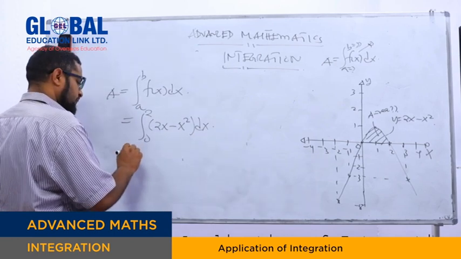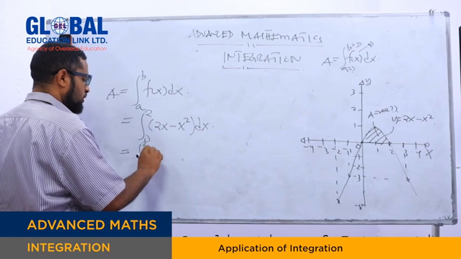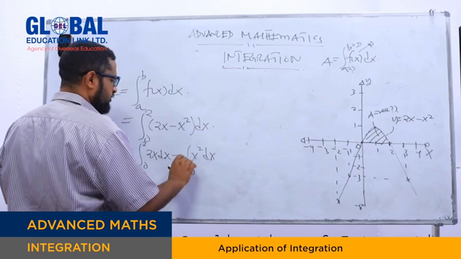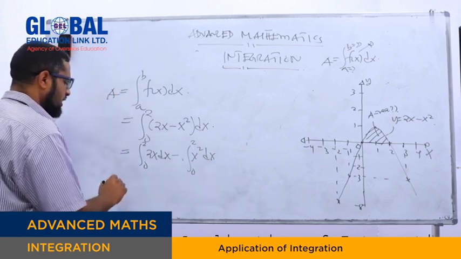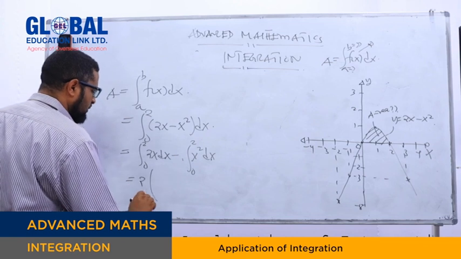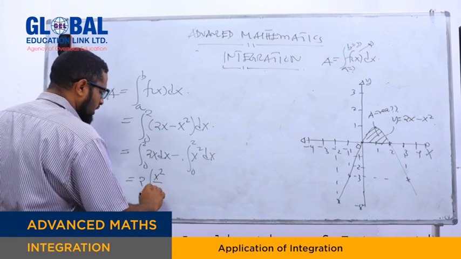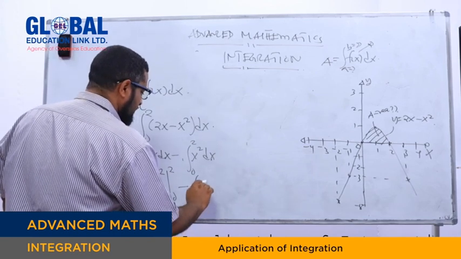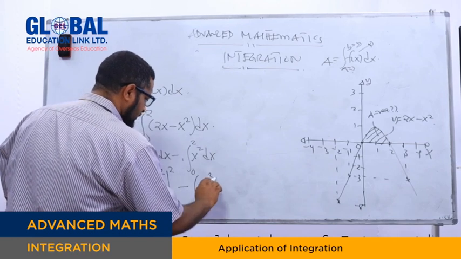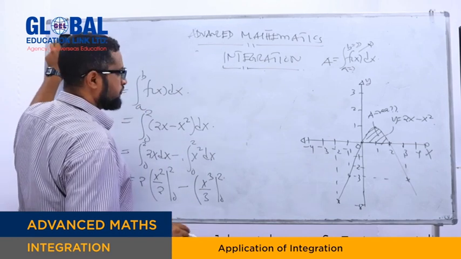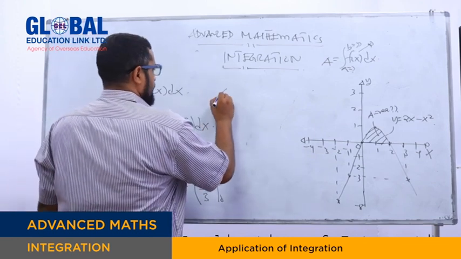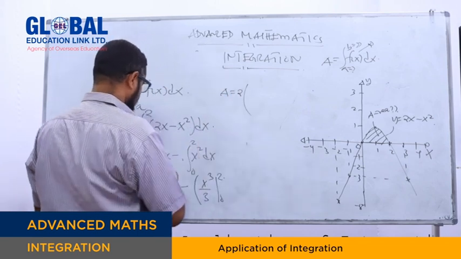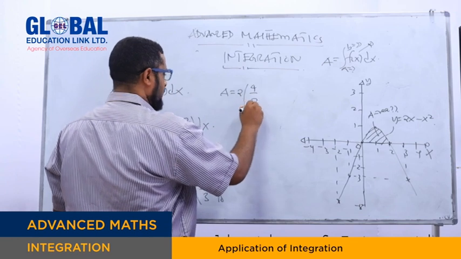So it is the same as saying the integral from 0 to 2 of 2x dx minus x squared dx from 0 to 2. So if we integrate here, you'll get 2, take it outside because it's a constant number, x squared over 2, 0 to 2. Then we minus x to the power of 3 over 3 from 0 to 2. Therefore, area will be equal to, now substituting the values, we'll be having 2 power 2 is 4 over 2.